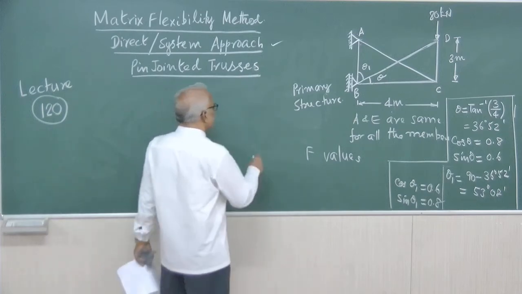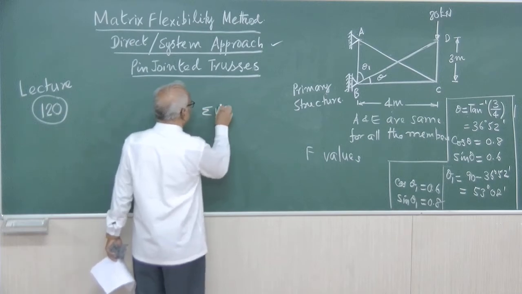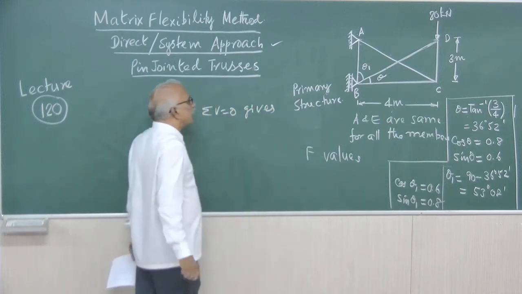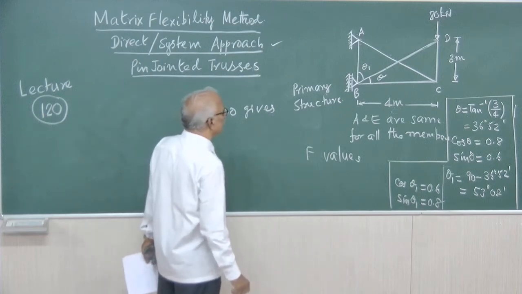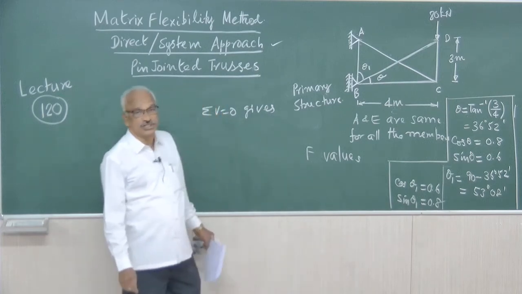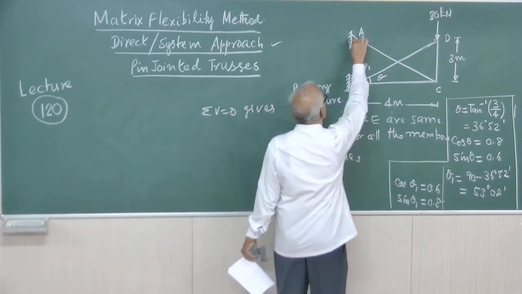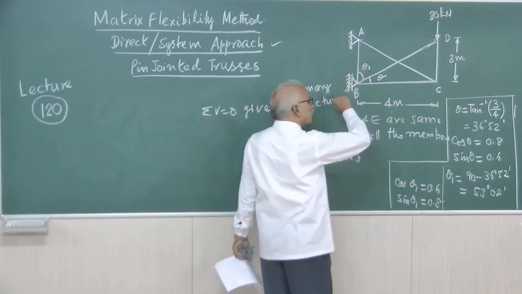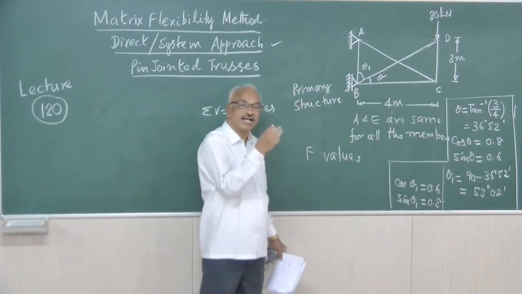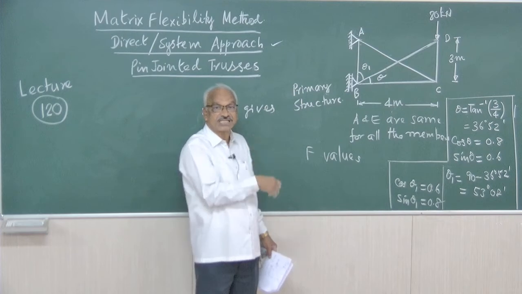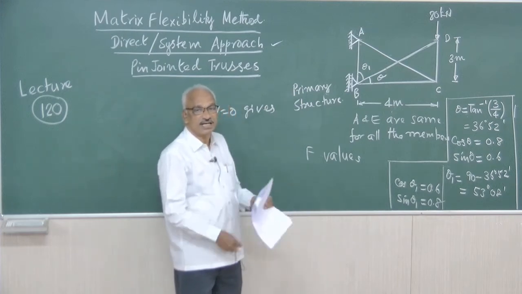Now, here sigma V equal to 0 gives, now there is a downward force 80. So, sigma V must be 0. There are two joints, one is a hinged support, the other one is a roller support. The roller support cannot take a vertical reaction in this case, right. Along the direction of a roller, it cannot take any reaction.